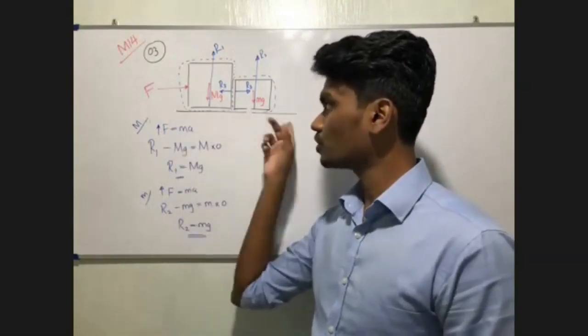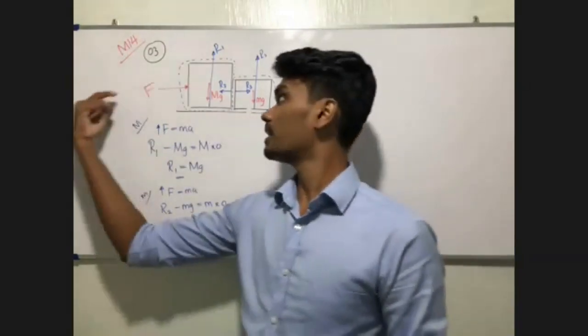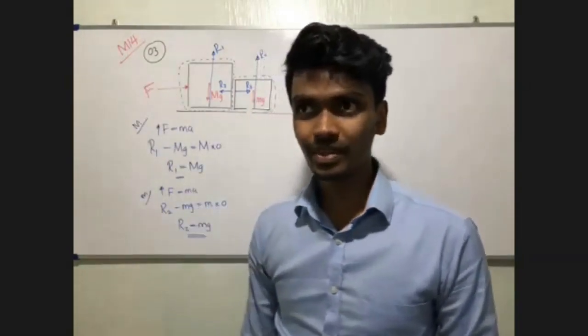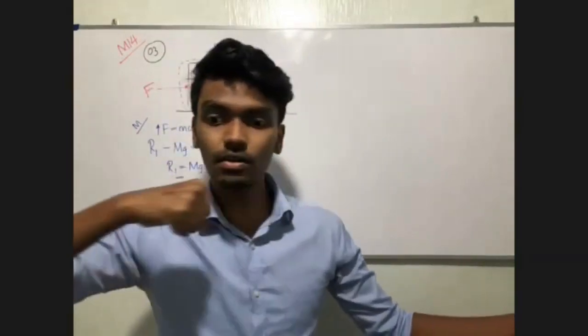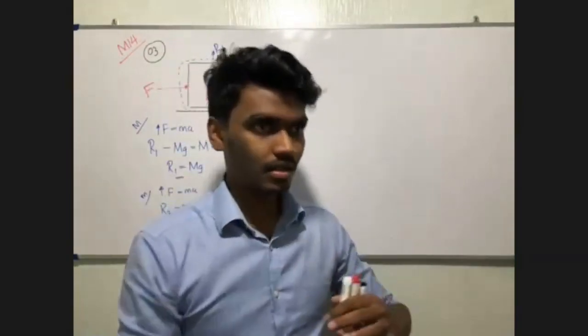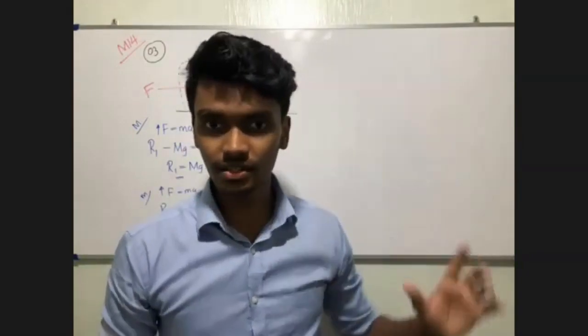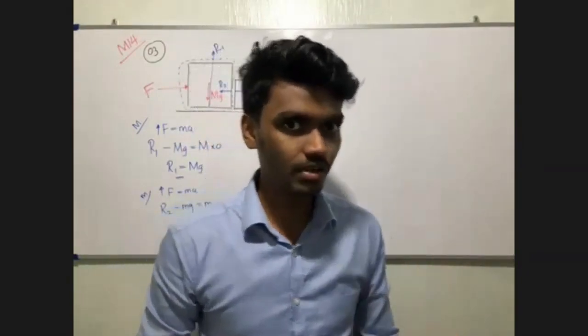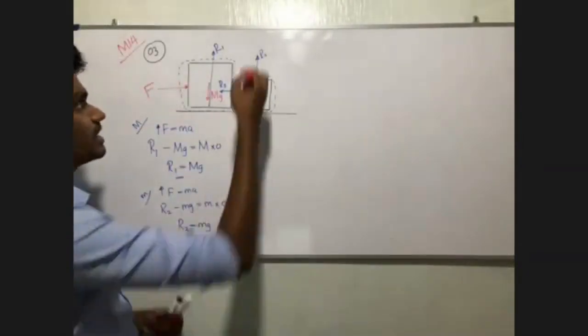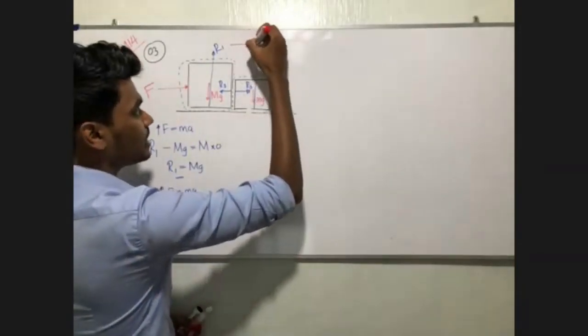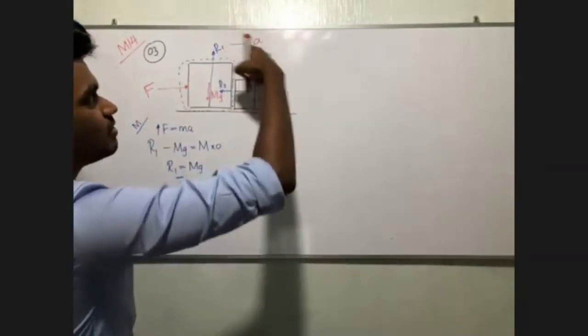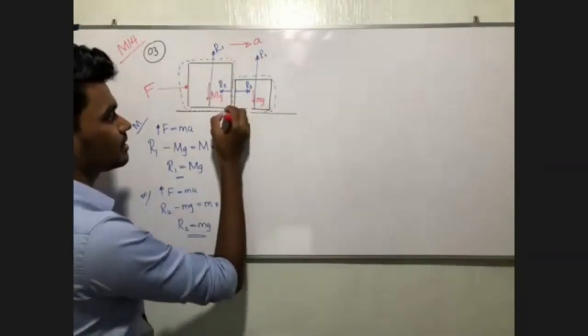Since this is smooth, no friction, when an unbalanced force is given on an object, the object will start to move with an acceleration. Newton's second law. So let us assume it starts to move with an acceleration A.